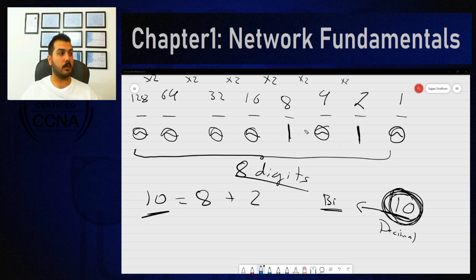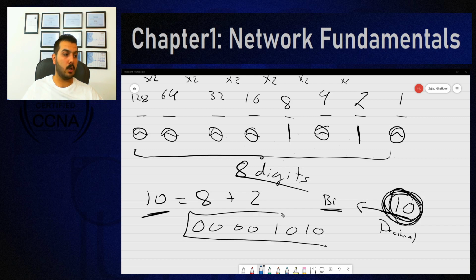That's why I have written it from 1 to 128, because these are 8 numbers: 1, 2, 4, 8, 16, 32, 64, and 128. So this is how 0, 0, 0, 0, 1, 0, 1, 0. This is how you make a computer understand the number 10.